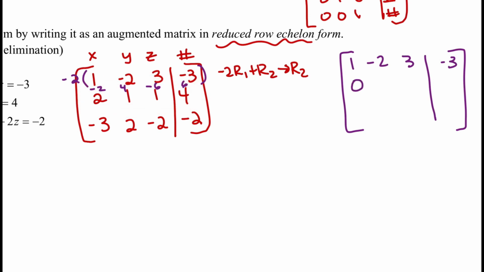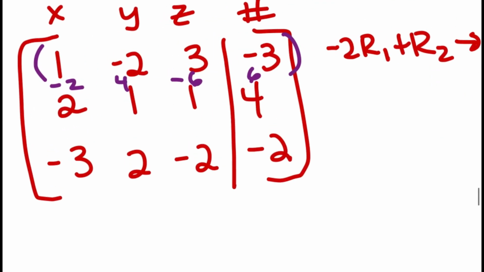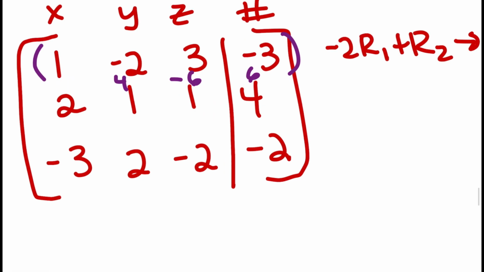So negative 2 plus 2 gives me 0, 4 plus 1 gives me 5, negative 6 plus 1 is negative 5, and 6 plus 4 is 10. Then our third row, we're getting a 0 in this position here. I'm just going to erase some of this here.